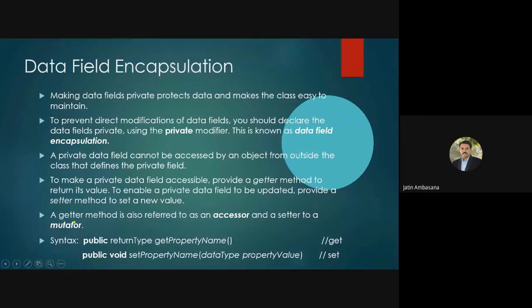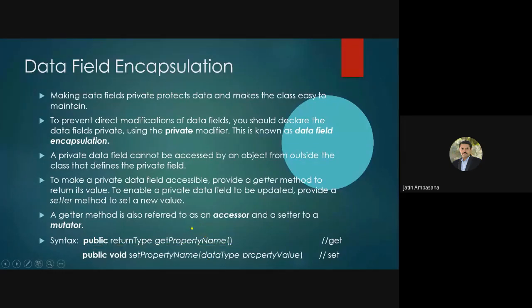Okay, so this getter method is also known as an accessor method or an accessor, and the setter method is also known as a mutator. And what is the syntax of getter and setter methods? If you have a property called, let's say, age, and you made it private, then you can use a getter method to get its value. It will simply return the value.